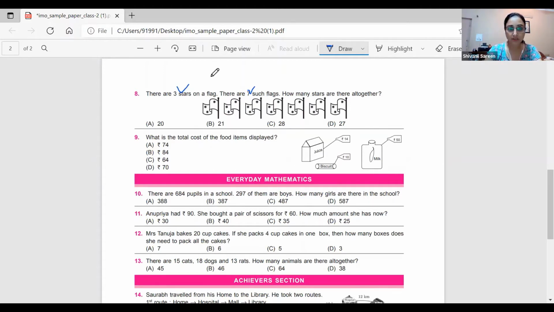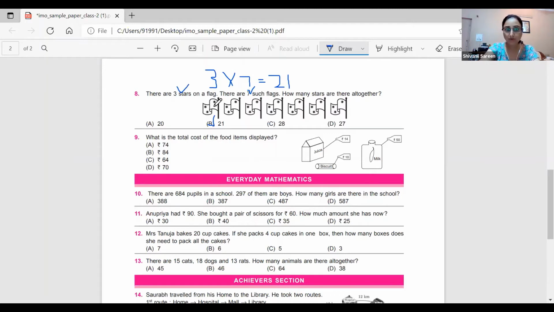That means 3 into 7. So 3 7 times is 21, or you can call it 3 sevens are 21. So B is the correct answer.